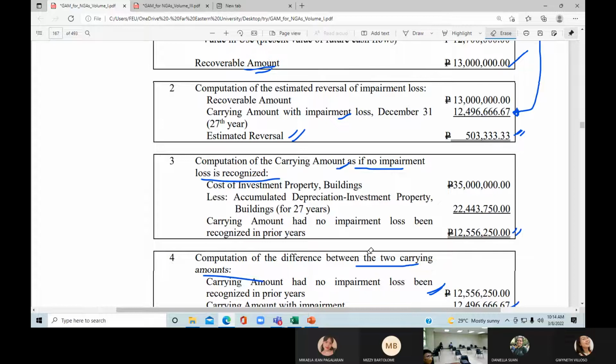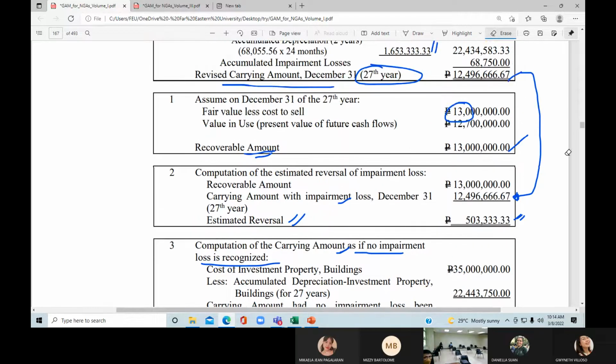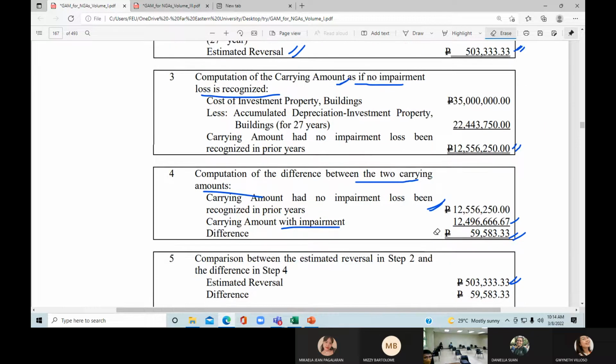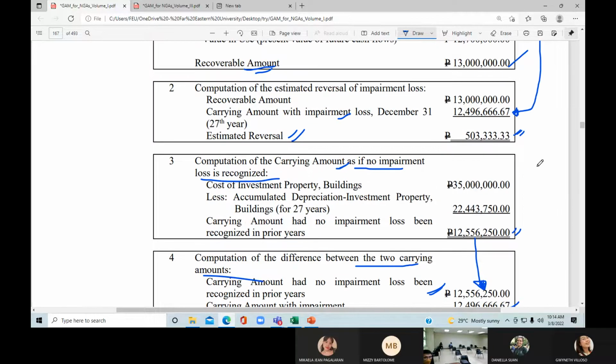Hanggang dito lang ba yung pwede mong i-reverse na impairment? Yes. So hindi mo gagamitin yung 13 million dito, no? Ito lang. So yung reversal mo, i-compare mo lang yung 12,556 na carrying amount had no impairment loss been recognized in the previous years, at yung carrying amount mo noong nagkaroon ng impairment.